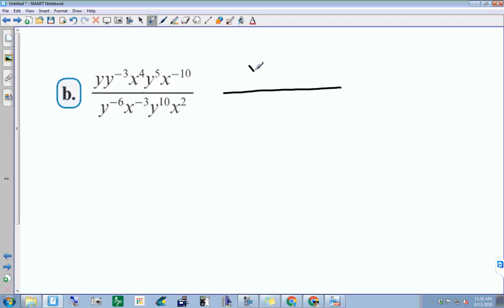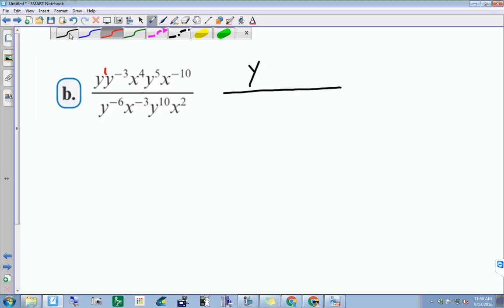So, I start off here with y. If I don't have an exponent, what is it? You guys remember what that was? If you don't see an exponent, what number can I put there? 1. So that means there's a 1 that's right up there. Everything else has got an exponent, correct?